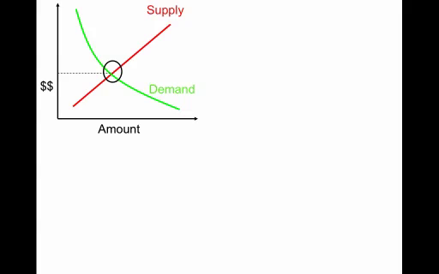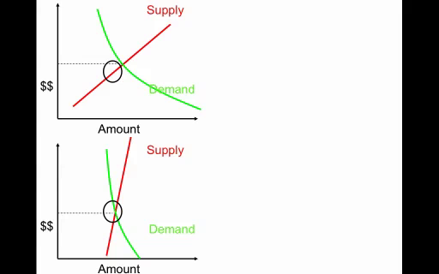Now, the demand might shift. It might increase. So, for instance, in the summer when it's hot and we turn on our air conditioners, what's going to happen is we'll reach a new equilibrium point and a new price of electrical generation. Now, in this graph, the demand and the supply curves are both stiffer.